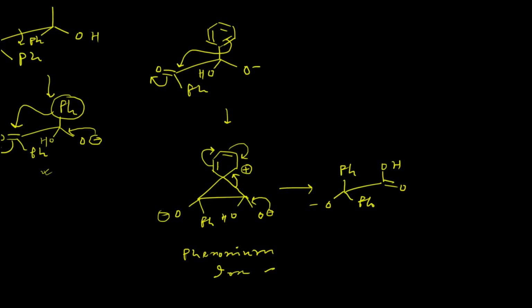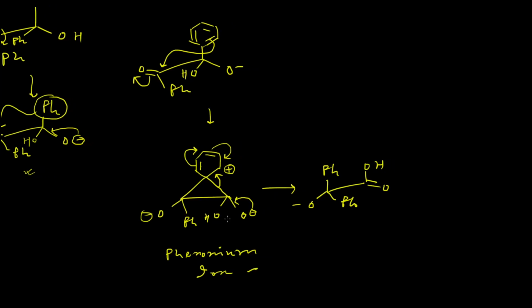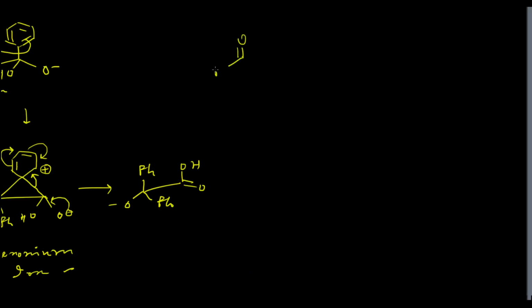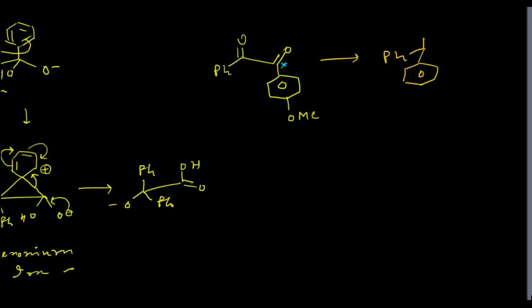Right? So what is the experimental evidence that this kind of phenonium ion is actually involved in the reaction? When this compound is subjected to benzylic acid rearrangement, where one of the phenyl rings contains a strong plus R effect group like methoxy, and if you label this particular carbon atom, then after the reaction is complete, this was found to be the product.